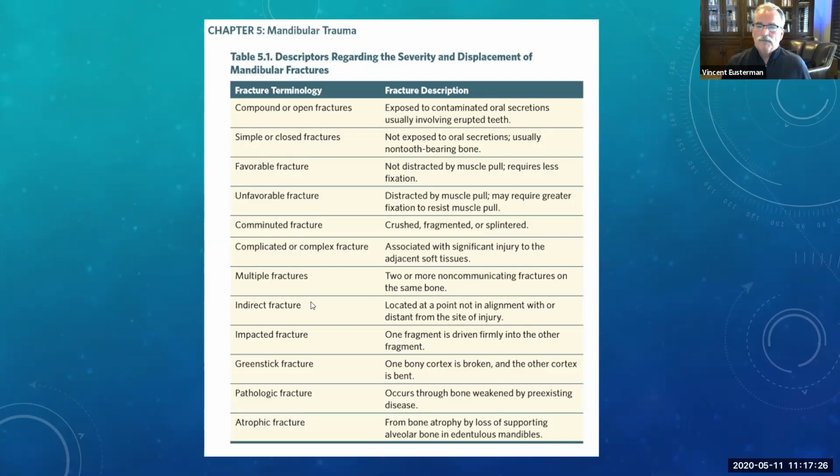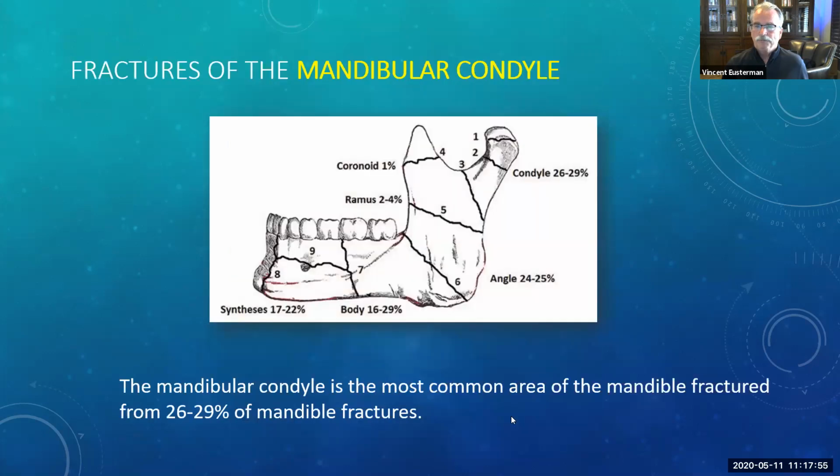The favorable fracture and unfavorable we just talked about. Comminuted fractures are usually crushed or multiple fragments. The complex fractures usually involve those bones and adjacent soft tissues. And then the variety of other fractures here, including pathologic fractures when we had a patient with an infection or a tumor, and those are all treated according to the origin.